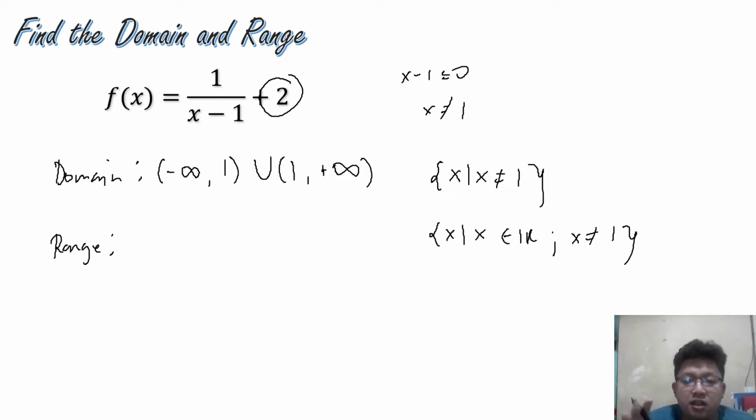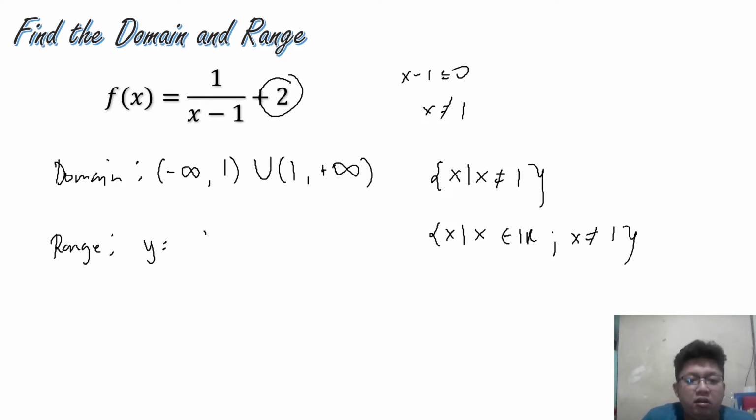Then same procedure: we look at the denominator where there is a y, equate it to 0, and that will be the value excluded from the solution, as the range. Okay, let's try this.